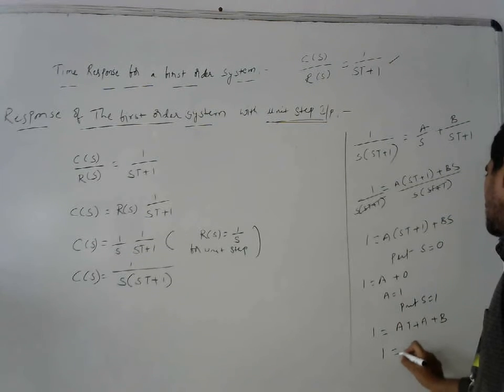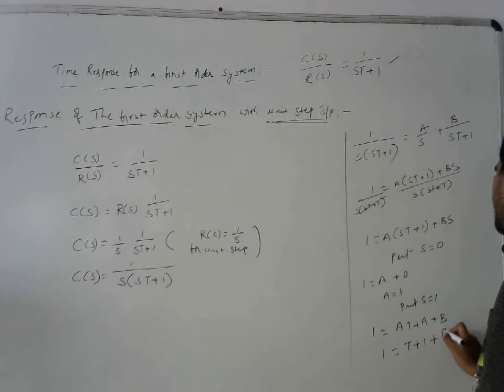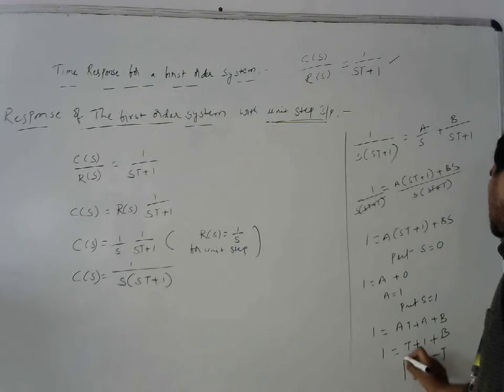Just substitute 1. So 1 equals T plus 1 plus B. That means B equals minus T.